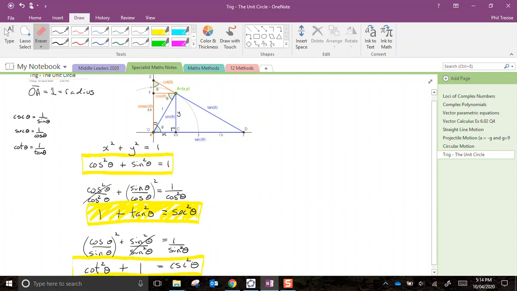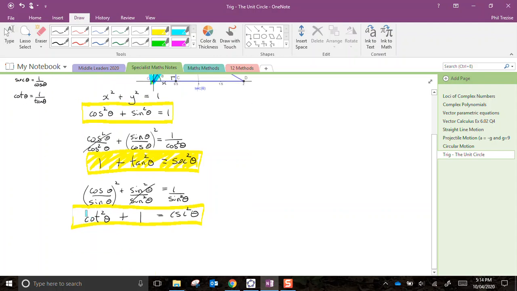What if I look at, different colour this time, what if I look at this triangle? Now this is a right angle triangle. I have a radius here of 1. I have a tangent line, so there's the perpendicular. I would have 1 squared plus cot squared equals cosec squared. There we go. 1 squared plus cot squared equals cosec squared.